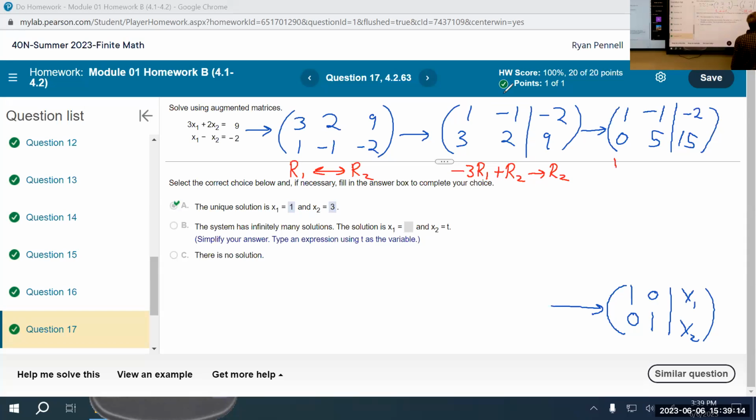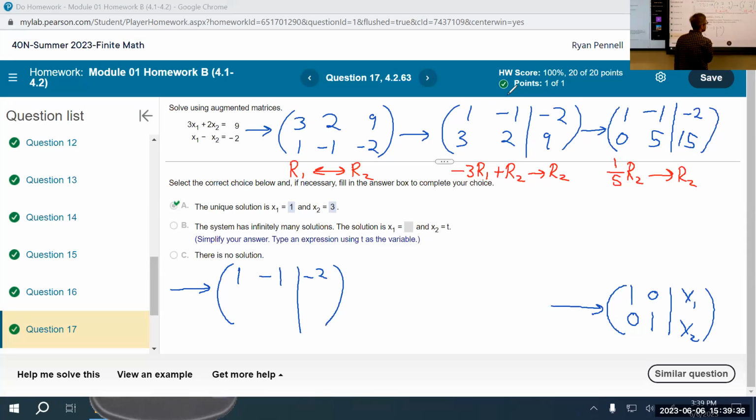So I'm going to do 1/5 row 2 becomes row 2. That's easy enough with these numbers. Row 1 does not change in this step. And that's 0, 1, and I guess that would be 3.